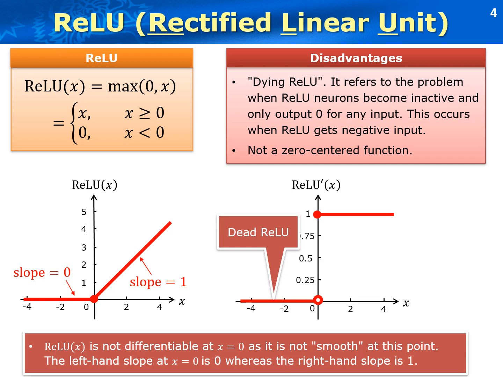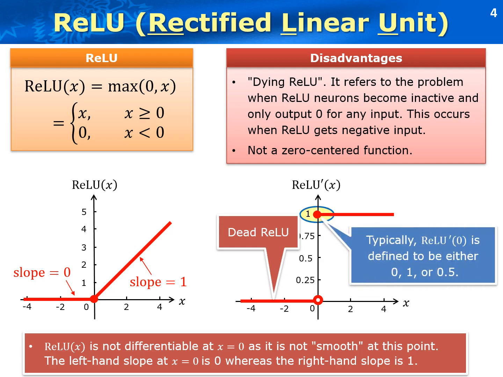Since the left and right-sided slopes at 0 point are not equal, the derivative of ReLU at 0 point does not exist. To make ReLU work properly at this point, in practice, we often empirically define a value, either 0, 1, or 1/2, for the derivative of ReLU at x equals 0.